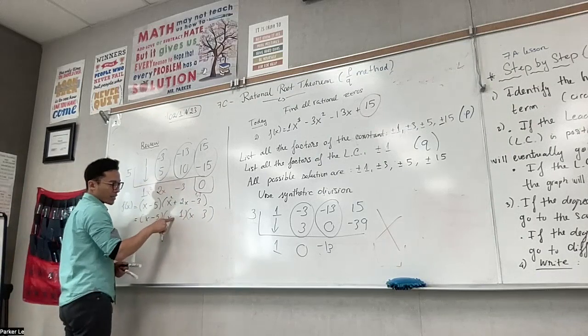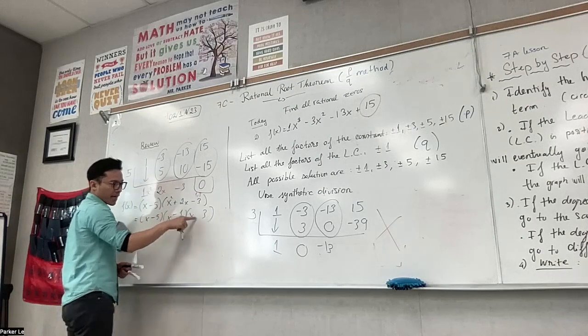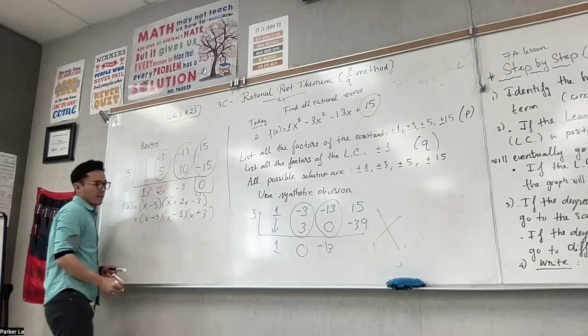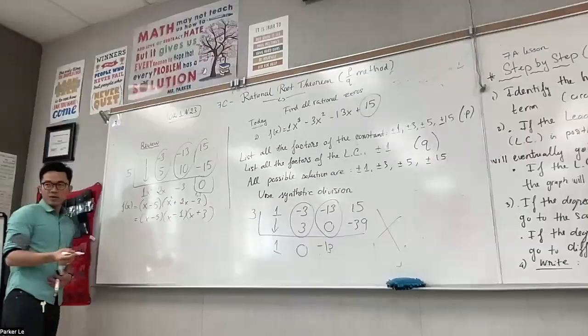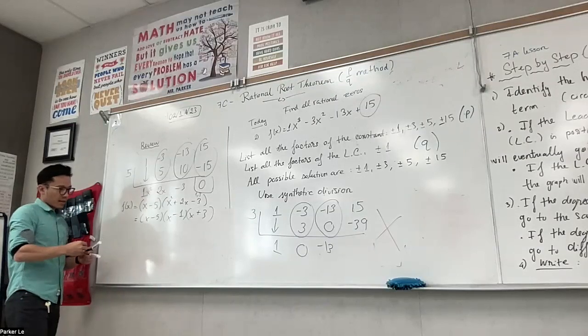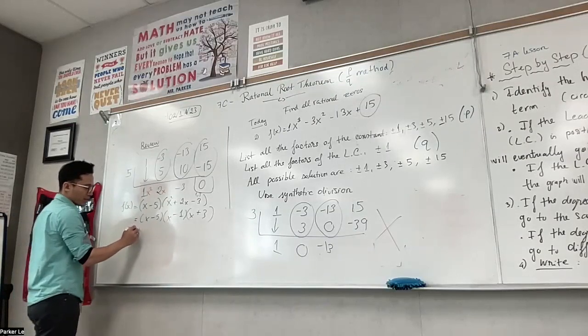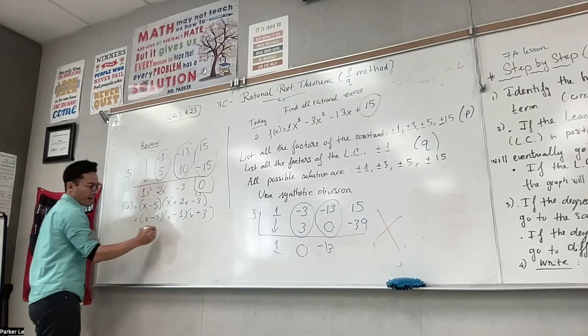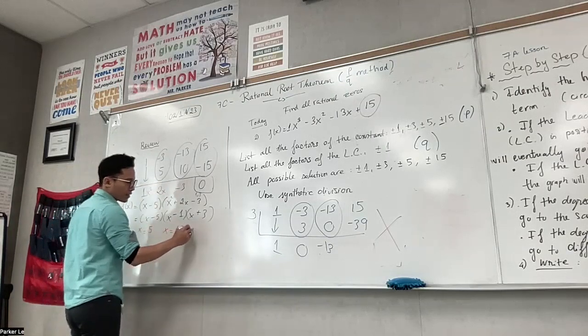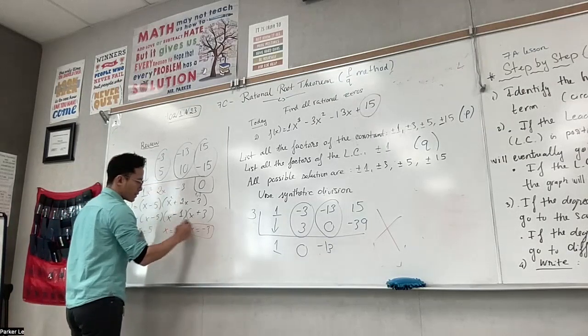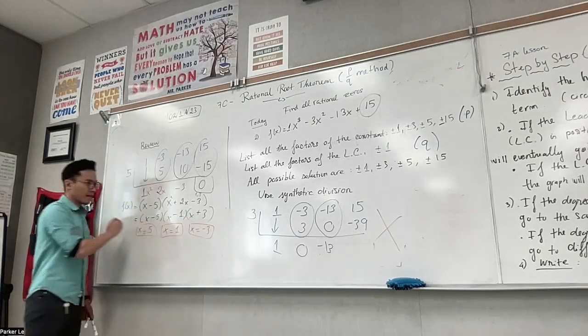Minus and plus. Very good. Minus 1 plus 3 gives you positive 2. Now the easy part. What is the solution? Very good. That's it.